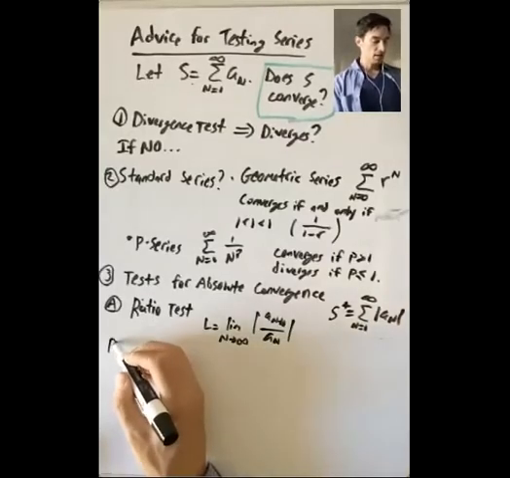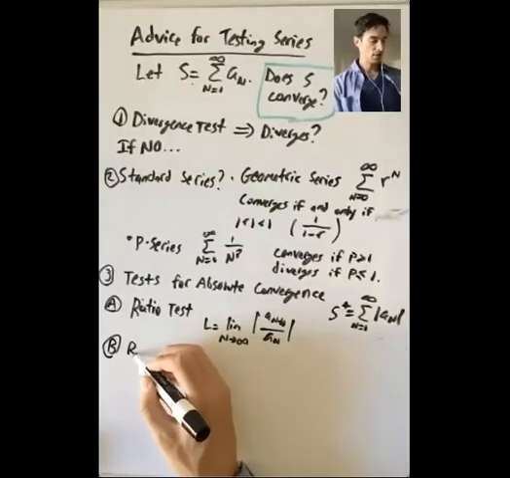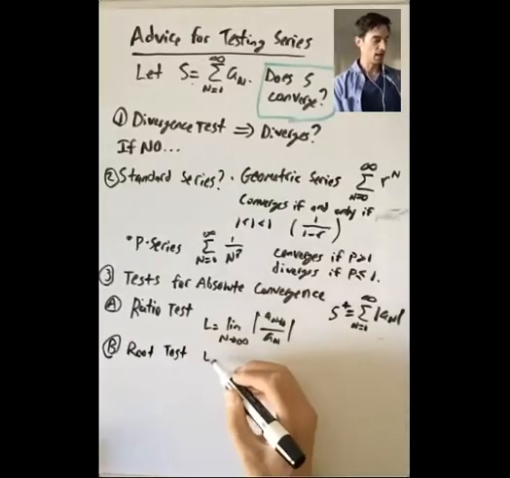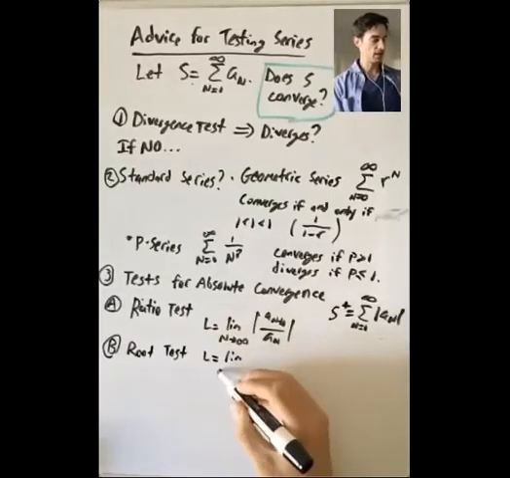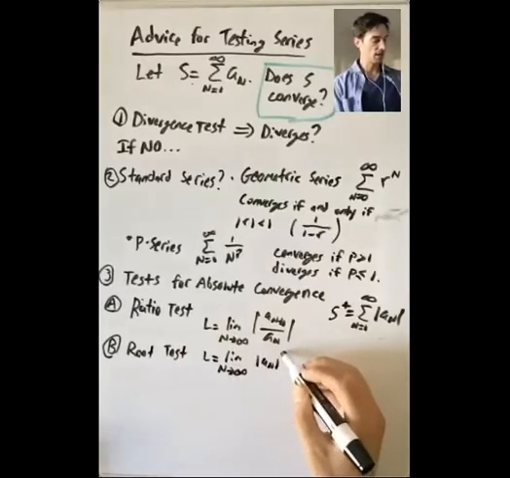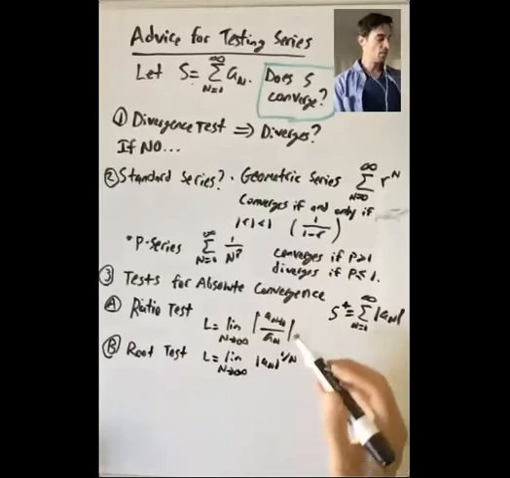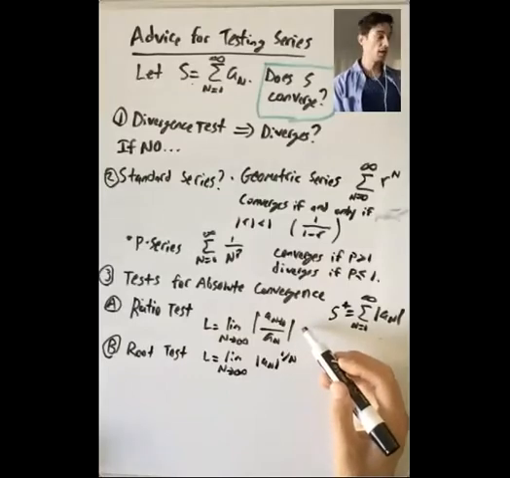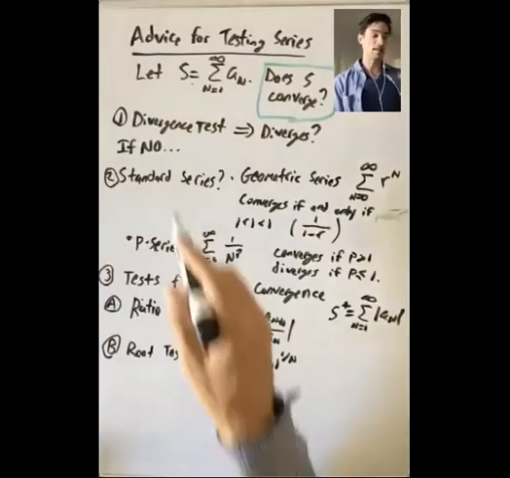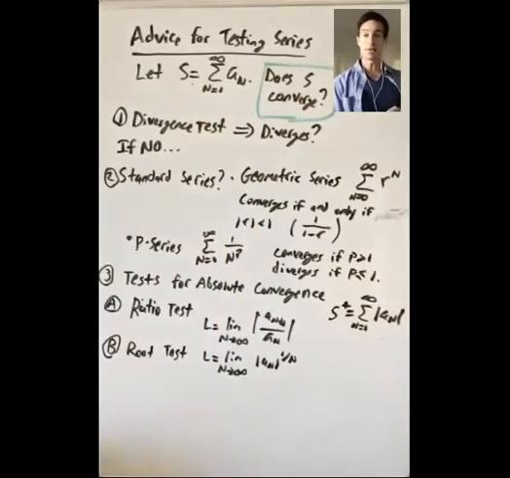And then we also know the root test, where we ask about L, the limit as n goes to infinity of the absolute value of a_n to the 1 over n. In both cases, if L is less than 1, then S not only converges, but converges absolutely. If L is bigger than 1, then S diverges. And if L equals 1, you really have to do another test.